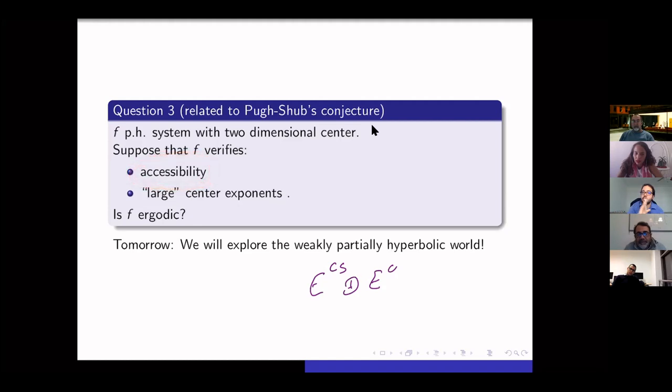You replace the global structure of the example I had in mind with accessibility. So maybe something could be said there, because now you have some global structure. But I still think there would be many estimates to prove this. But I truly believe something could be said here. At least, I think it shouldn't be super hard to get to finitely many ergodic components, but to have one ergodic component, I still think maybe something could be said. I don't know what.